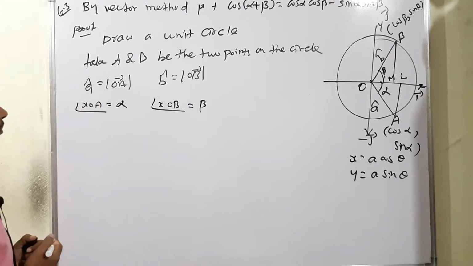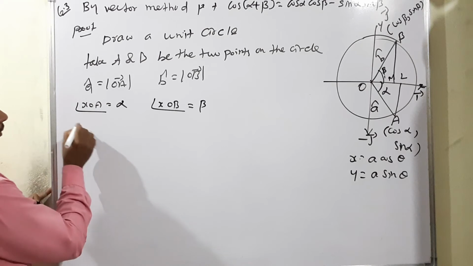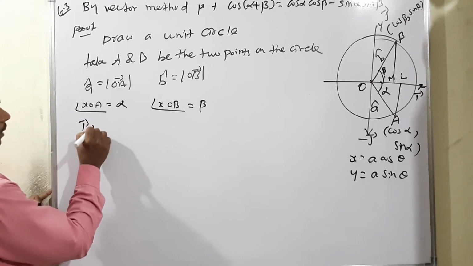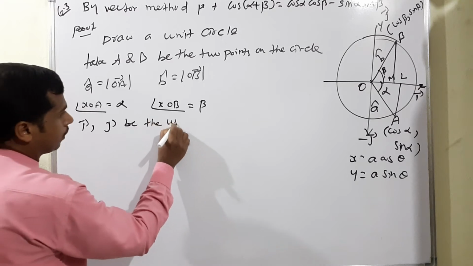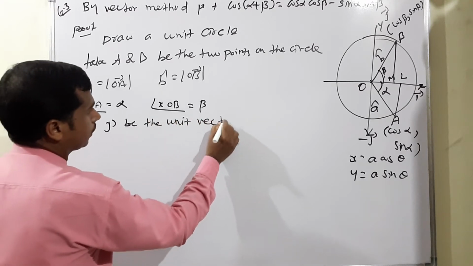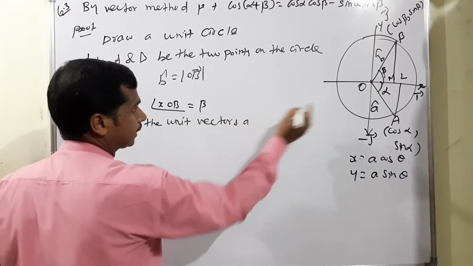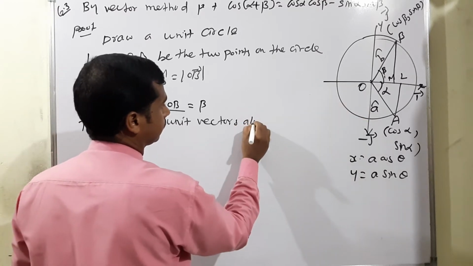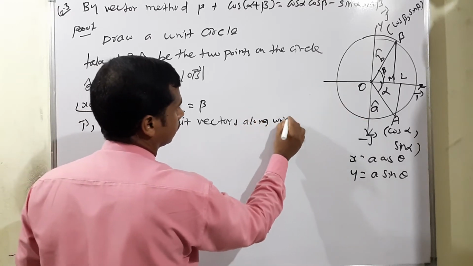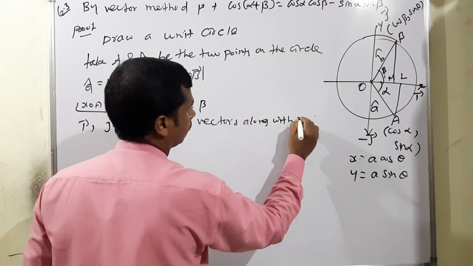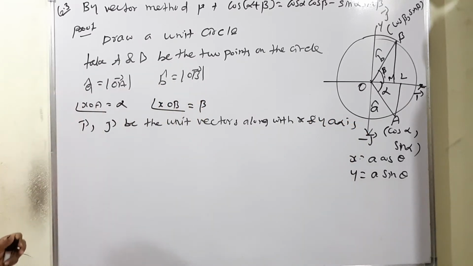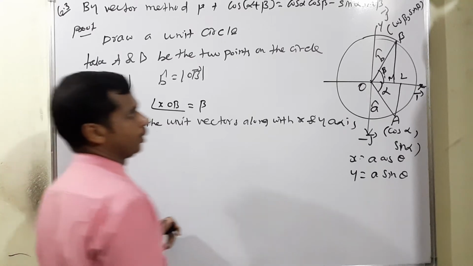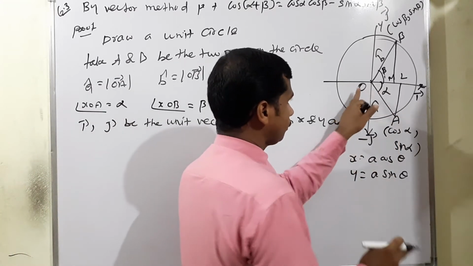Now look at the condition: i vector, j vector are the unit vectors along the x-axis and y-axis. First we need the OA vector.